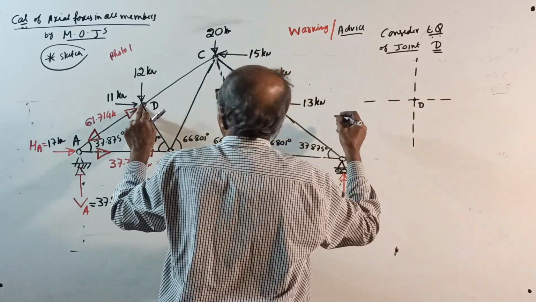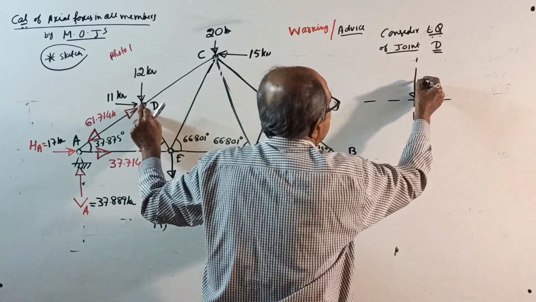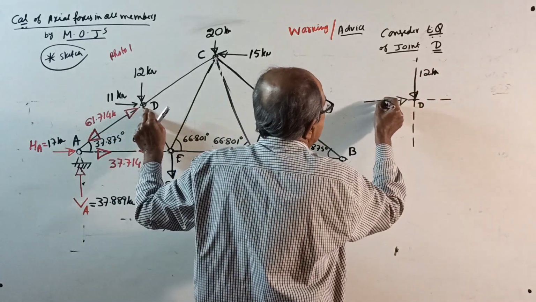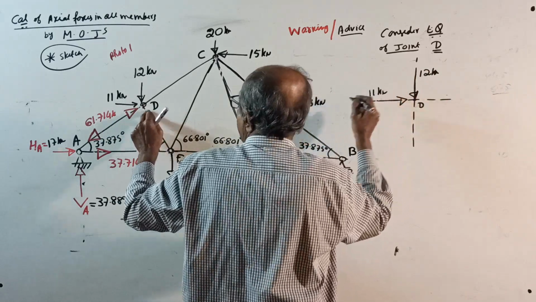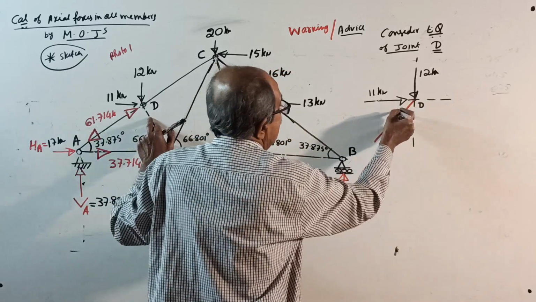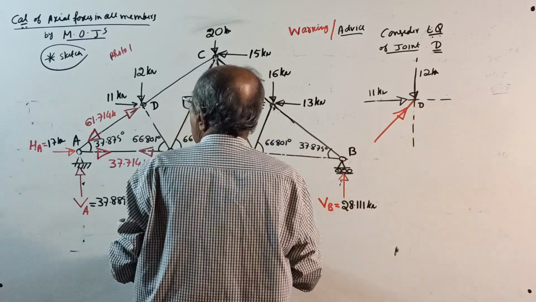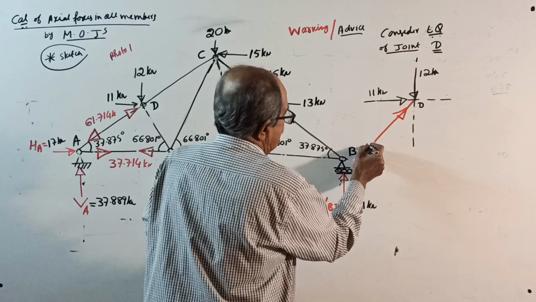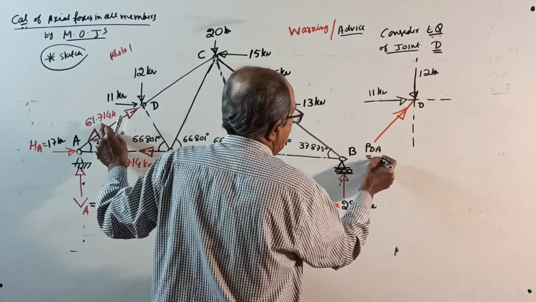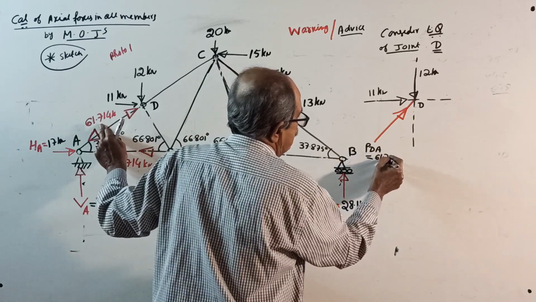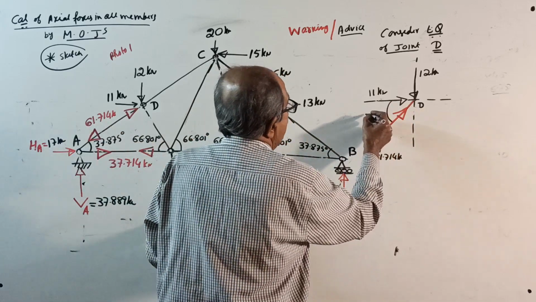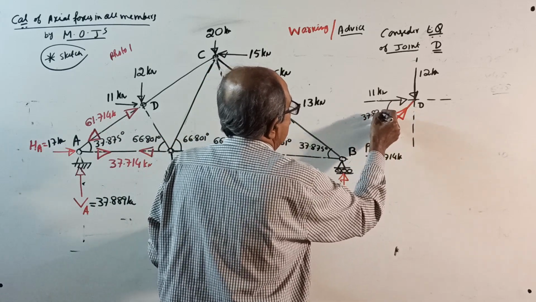D, see here. 12 kN down, 11 kN right side, one member force this way, that is, see, already known P_DA, again I am wasting time, black because it is known, 61.714, and angle for that member is 37.875 degrees.